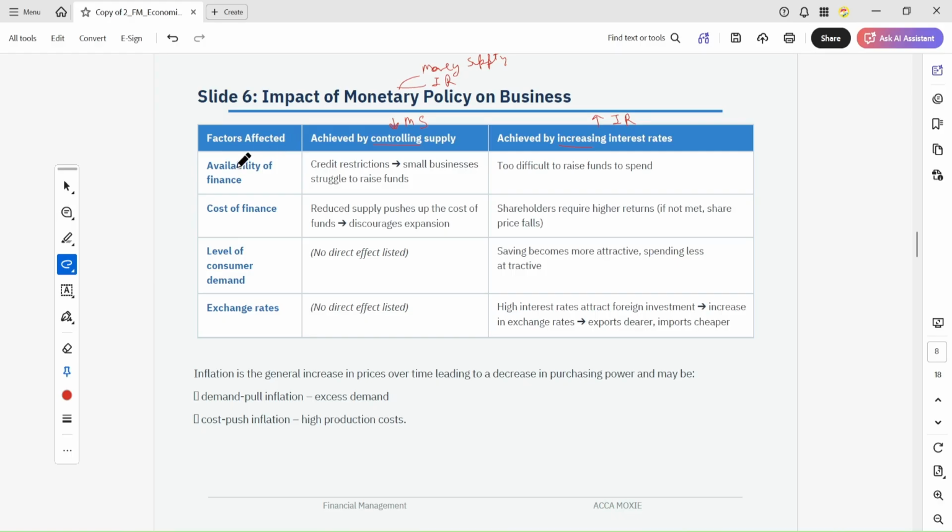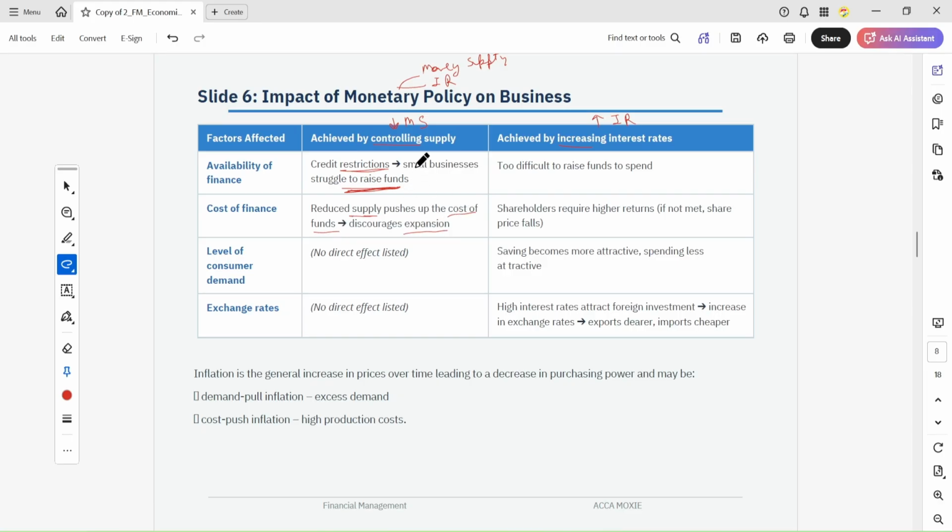So what is the impact on the availability of finance? If you reduce the money supply, so you have a lower supply of money in the economy, which means that businesses struggle to raise finance. The cost of finance is affected when you reduce the supply. That will push up the cost of funds and discourage expansion.